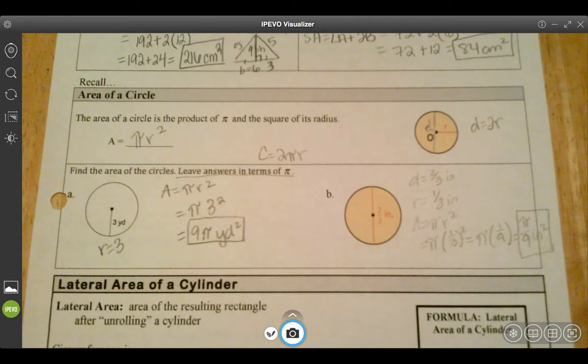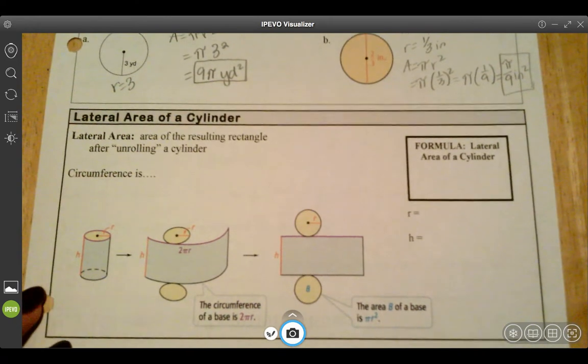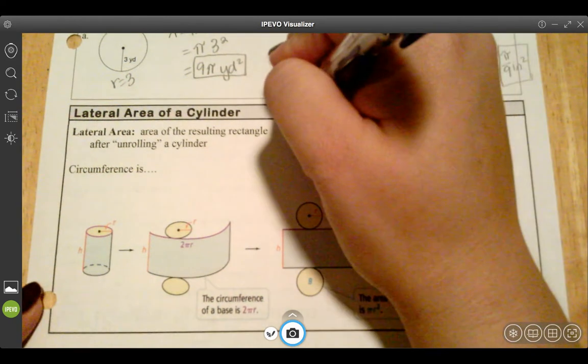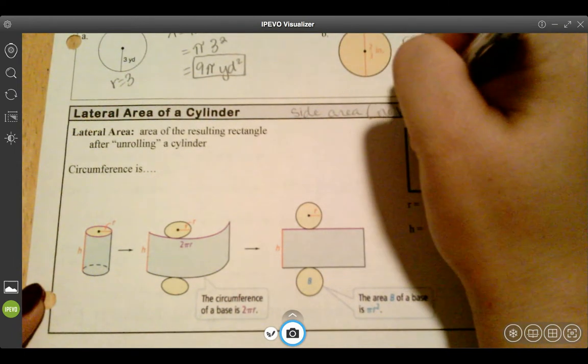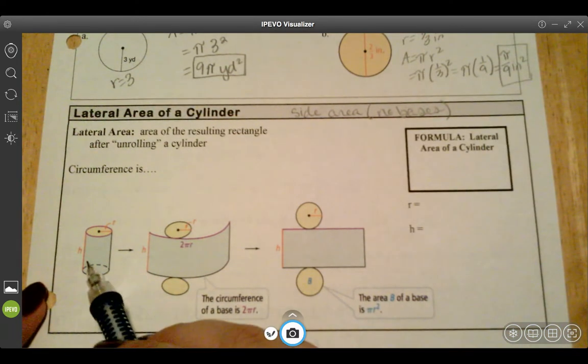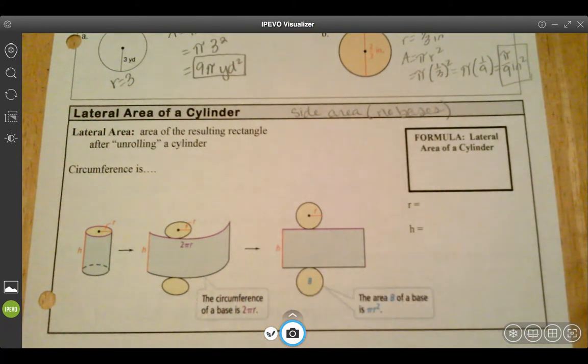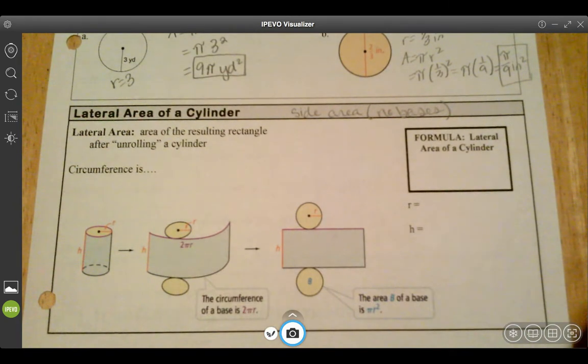Okay, so using that information, we can now find the lateral area and surface area for a cylinder. So let's start with lateral area. Remember, this is the side area, no bases. As we saw in our demonstration this morning, when it was still a flat net, we saw that the shape between the two ends of a cylinder is actually a rectangle.